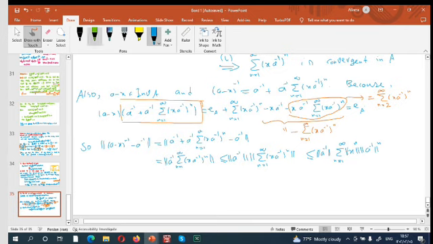Or we can write simply all of this to the power of n.